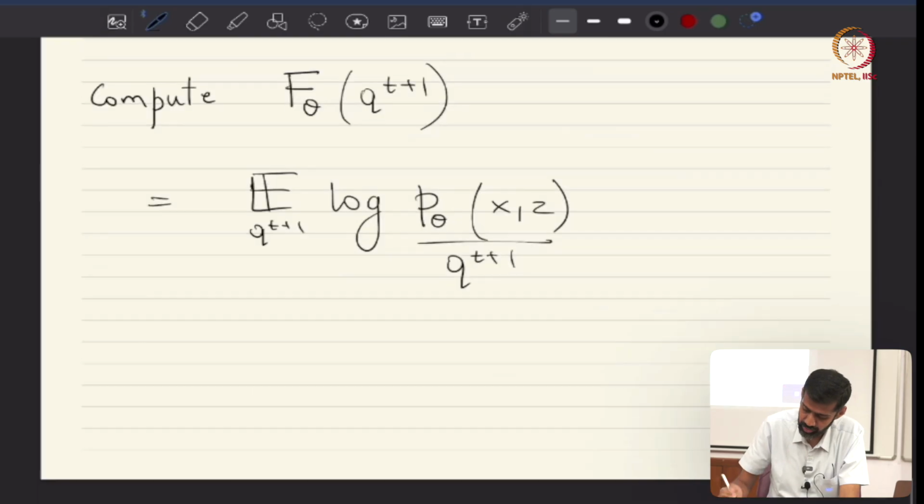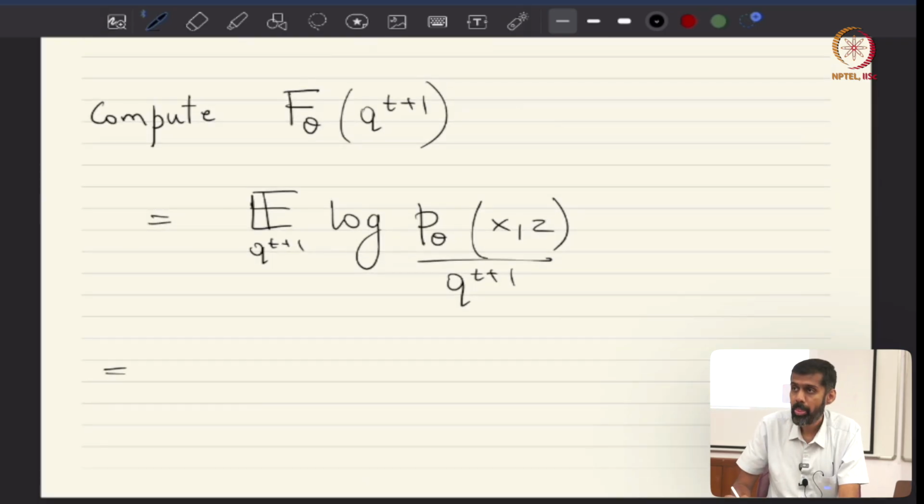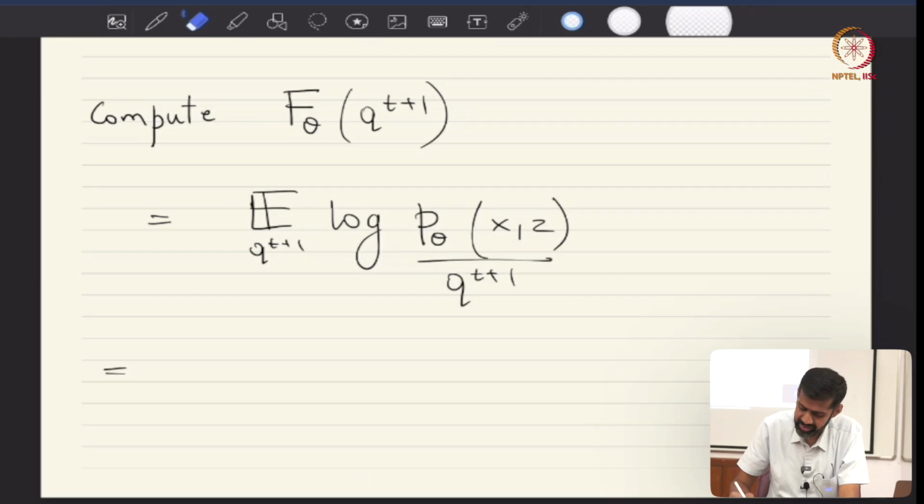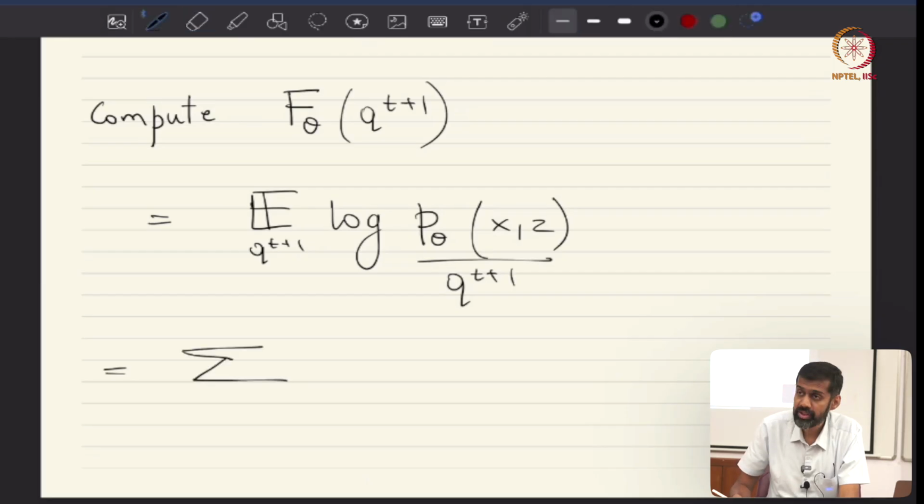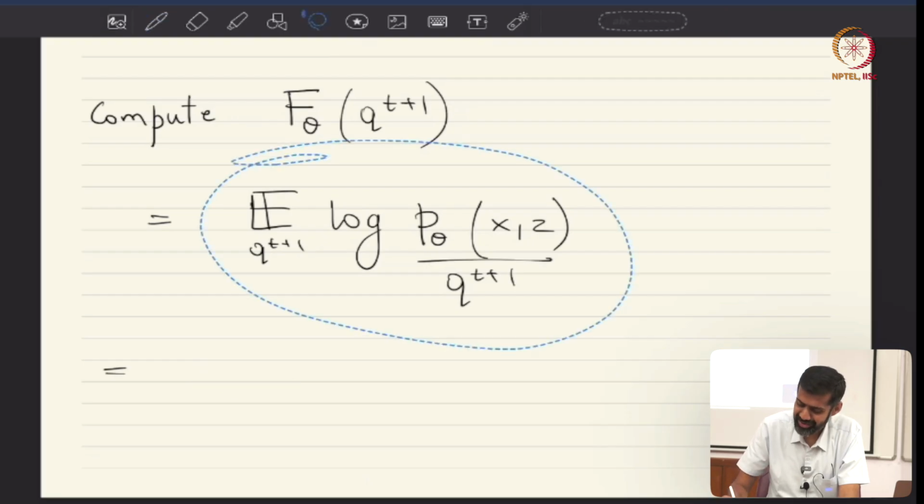Okay, let us write this. What will happen to this? So this q t plus 1 is now, should I write it again? Okay, let me write it again. The expectation is with respect to the distribution, just being a little lazy, EM algorithm does not let me be lazy.